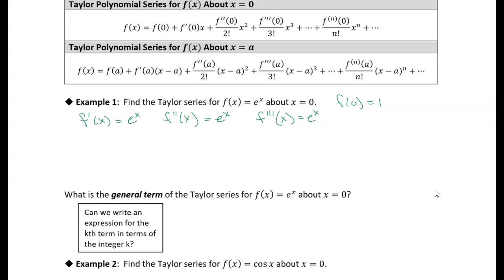So I guess I'll write it down here. If we evaluate those derivatives at 0, we're just always going to get 1. Right? E to the 0 is 1. So every one of these derivatives evaluated at 0 is just 1. Okay?